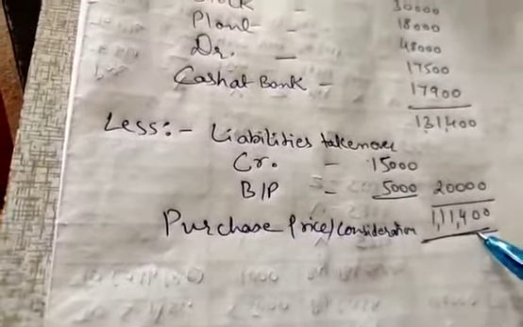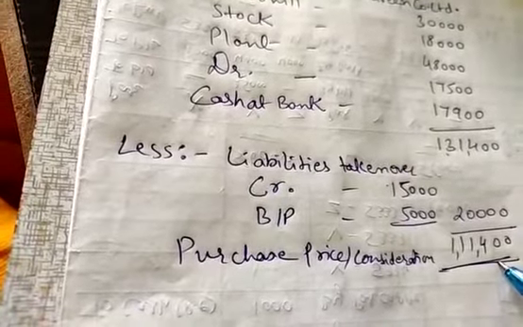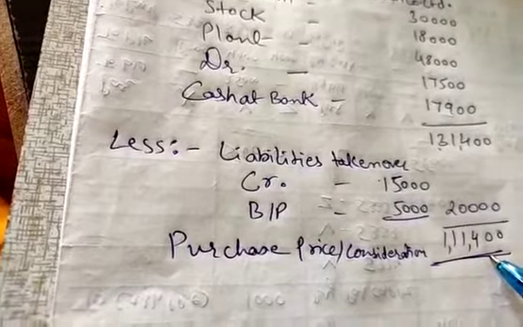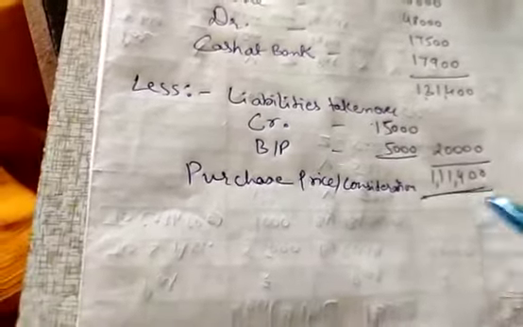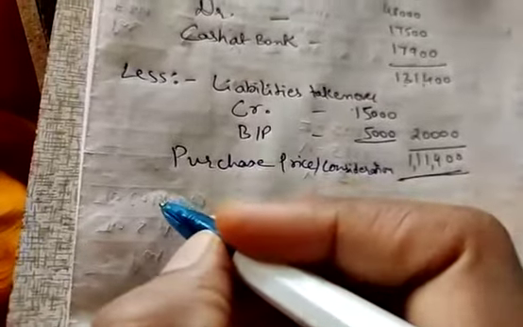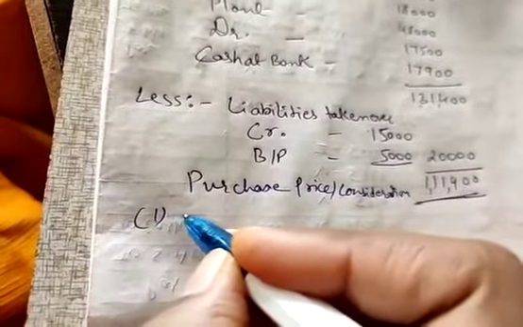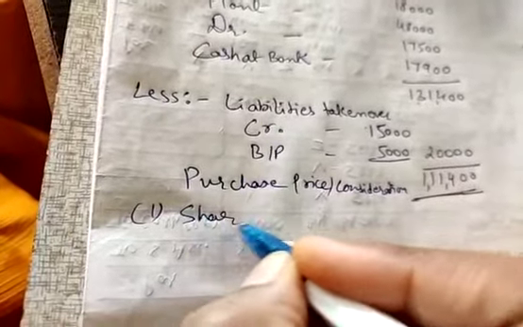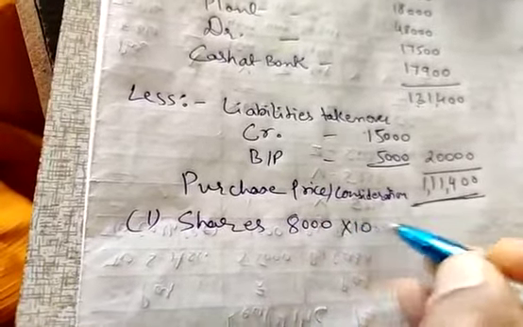Now after that, the company has issued 8,000 shares of rupees 10 each and balance in cash. So we have to show how much we are getting in terms of cash and how much in terms of equity shares. So quickly, first point, shares: how many shares? 8,000. What was the value of one share? 10.